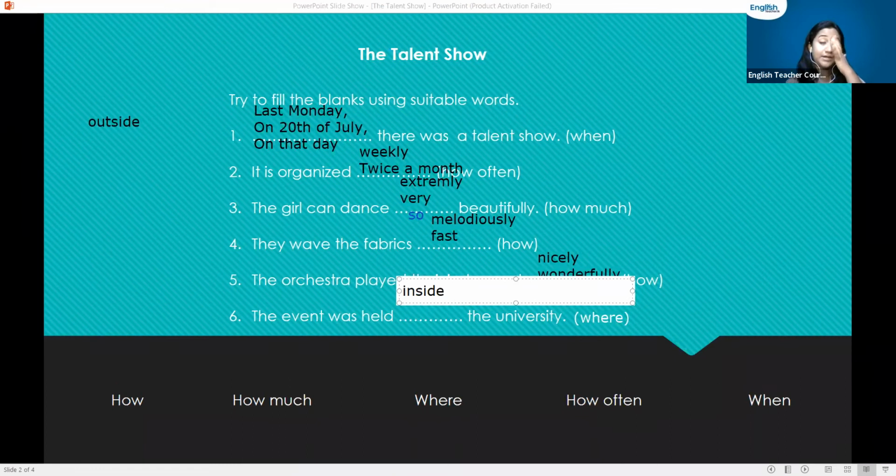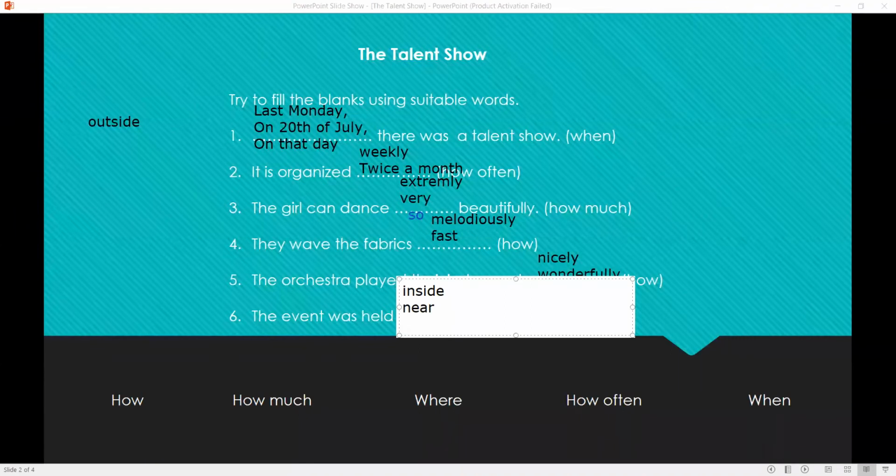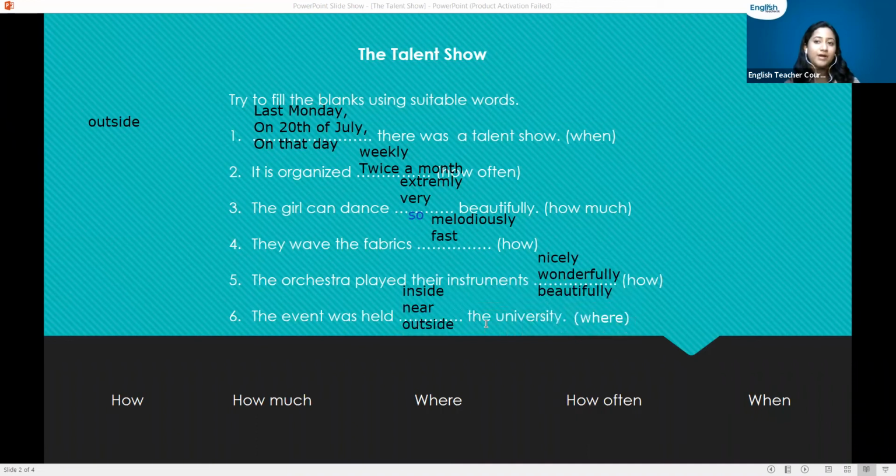Inside, outside, near also can be used. Inside the university. Outside the university. Here I have used the, so you can't say out of the. Right. Let's try. Okay, we have a question. Main hall of the university. Okay, good answer. Main hall also can be taken.